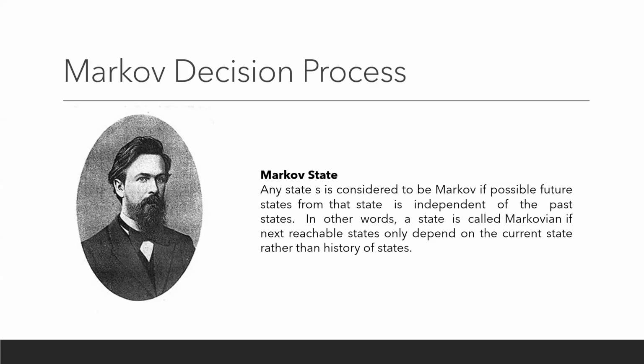I will give an example to give you more clarity on what the Markov decision process and the Markov state are. In other words, a state is called Markovian, or a Markov state, if the next reachable state is only dependent on the current state, not on the previous states.